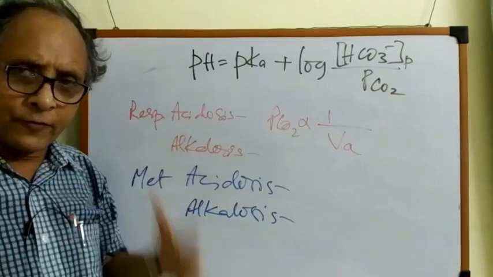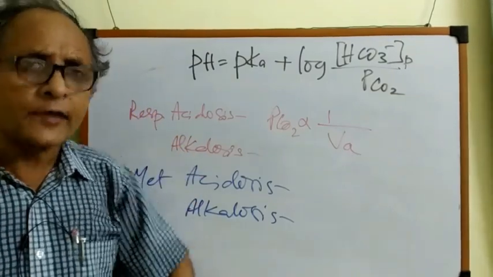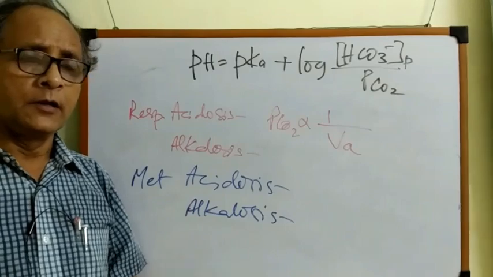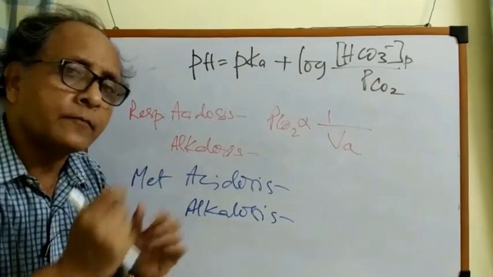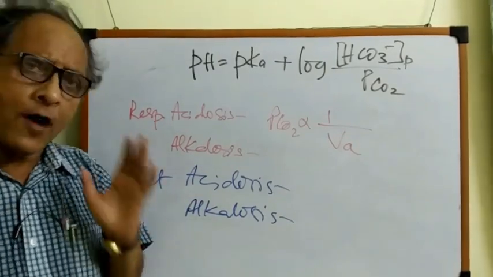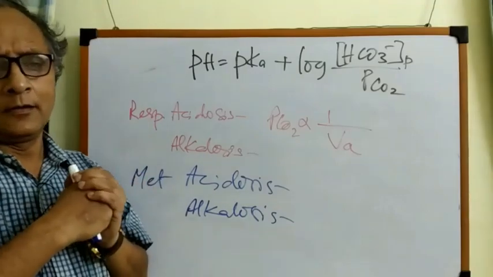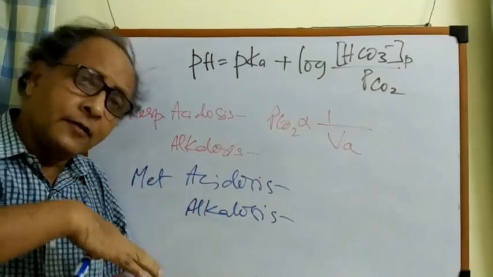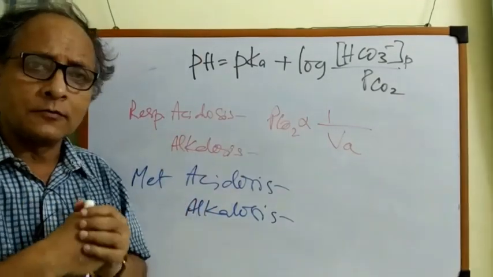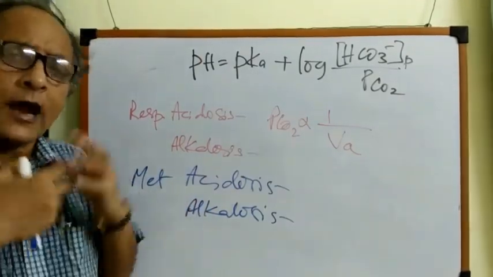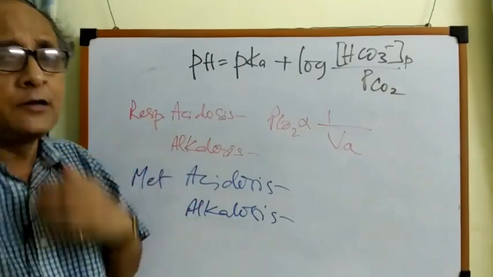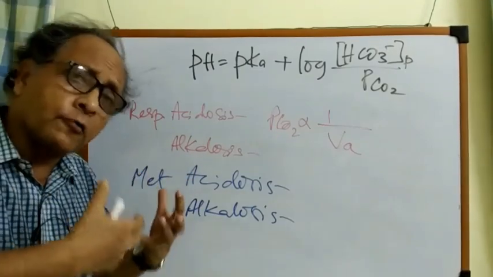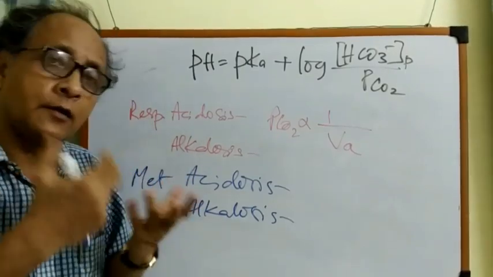I told you that whenever some acid threat is produced in our body, the first line of defense is the buffer. Say the bicarbonate buffer, it is the first line of defense. And later, by the renal method, the kidney method, that bicarbonate is recovered from the filtered fluid. Also, some extra new bicarbonate is generated.